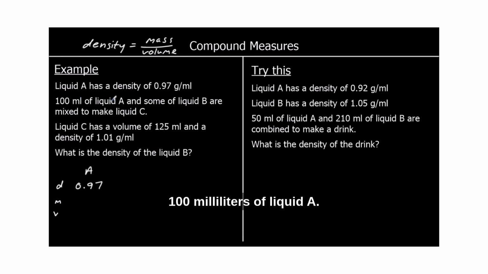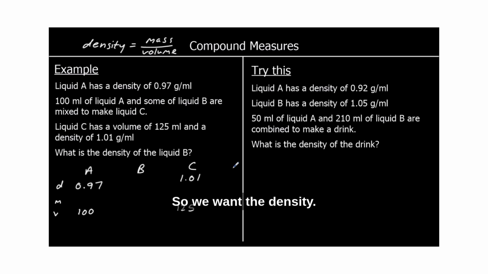100 milliliters of liquid A, and some of liquid B are mixed to make liquid C. Liquid C has a volume of 125 milliliters and a density of 1.01 grams per milliliter.